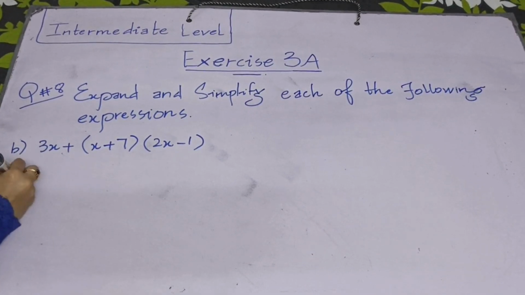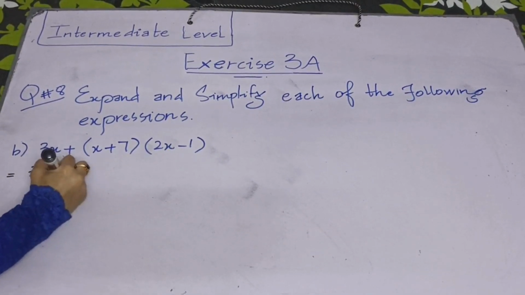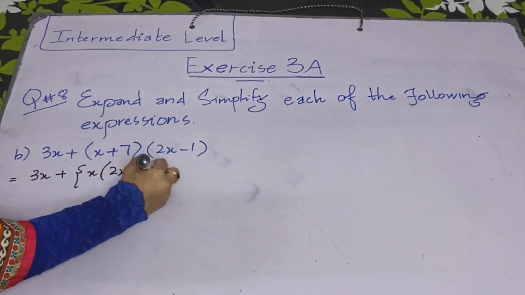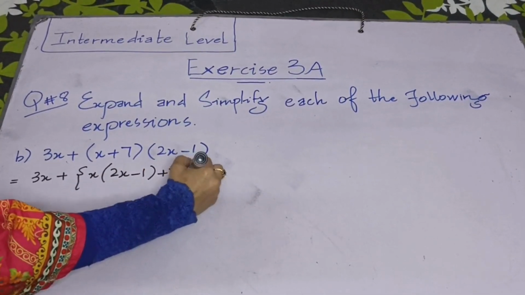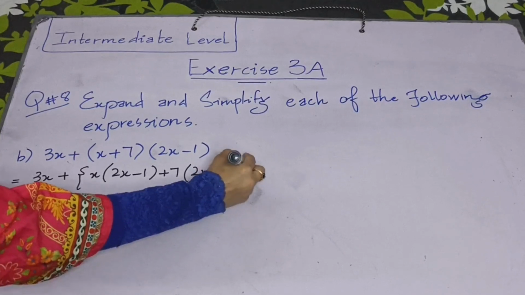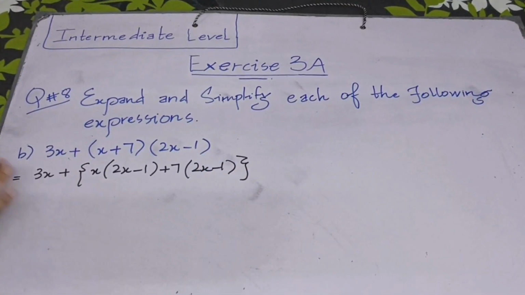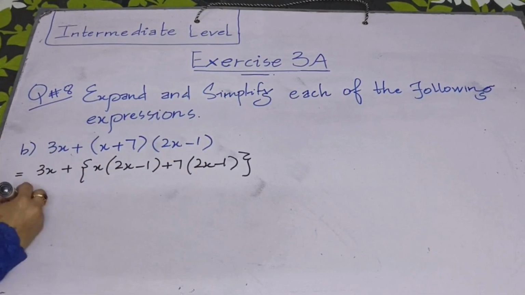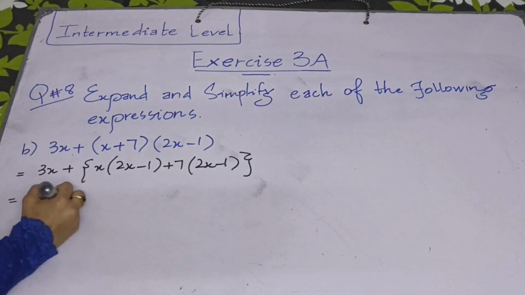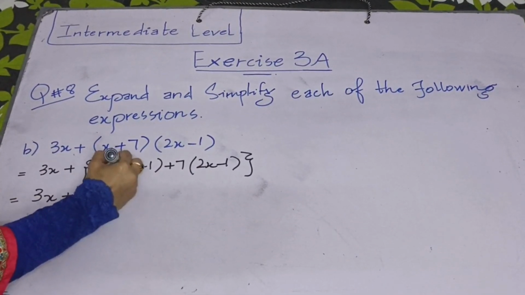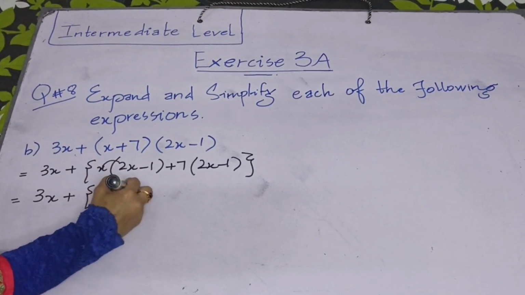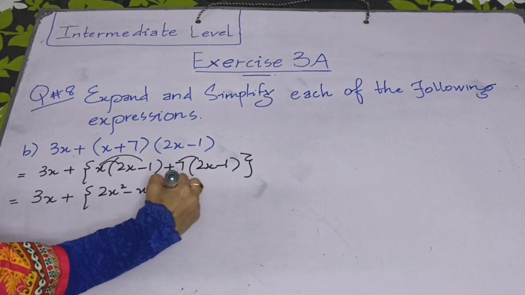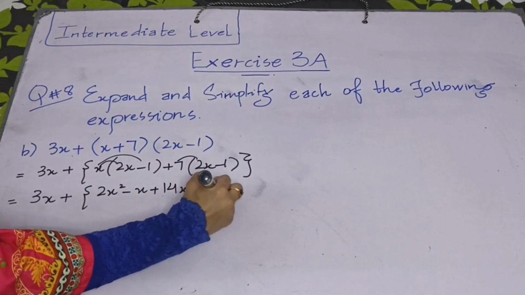Again, we are going to write 3x all alone plus curly bracket x, 2x minus 1 plus 7, 2x minus 1. The same strategy is being used as in question number 7. We are using the same strategy over here. 3x plus x will be multiplied with 2x squared minus x plus 7 times 2 is 14x plus minus 7.